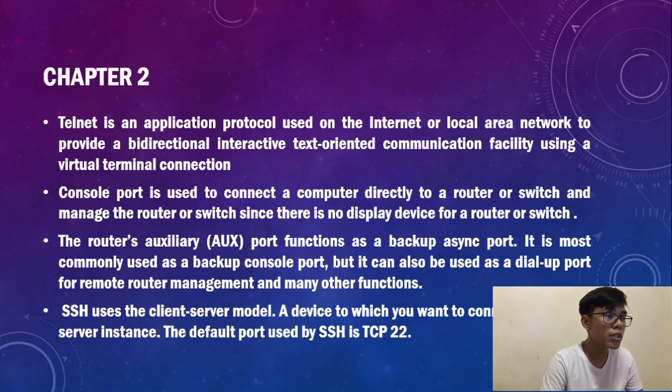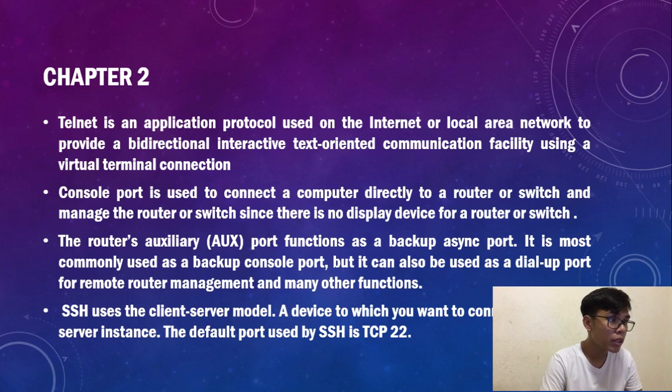The console port is used to connect a computer directly to a router or switch to manage it, since there is no display device on the router or switch. The router's auxiliary port functions as a backup async port.